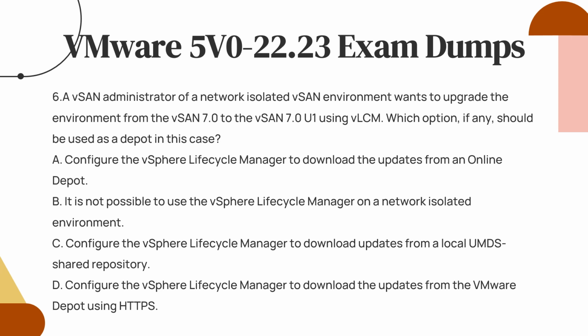B. It is not possible to use the vSphere Lifecycle Manager on a network-isolated environment. C. Configure the vSphere Lifecycle Manager to download updates from a local UMDS shared repository. D. Configure the vSphere Lifecycle Manager to download the updates from the VMware Depot using HTTPS.